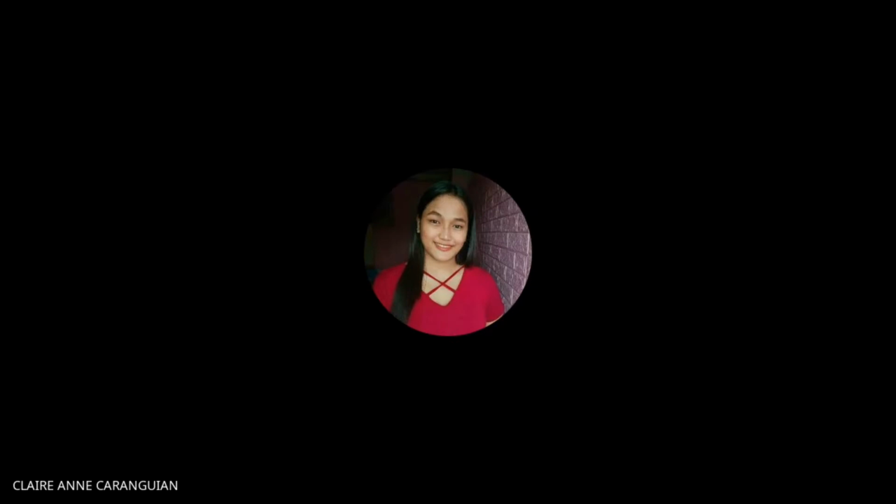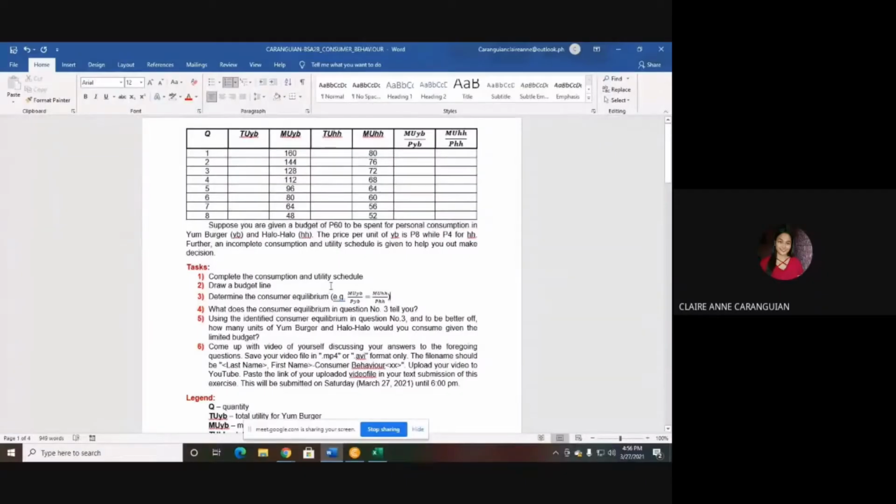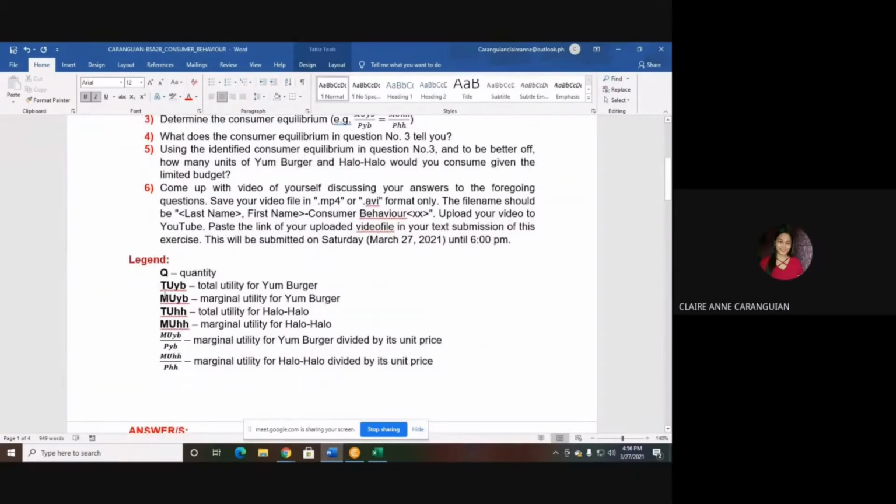Let us discuss our activity. So, this is our activity. Q for quantity, TUYB for total utility for Yum Burger, MUYB for marginal utility for Yum Burger, TUHH for total utility for Halo Halo, and MUHH for marginal utility for Halo Halo.